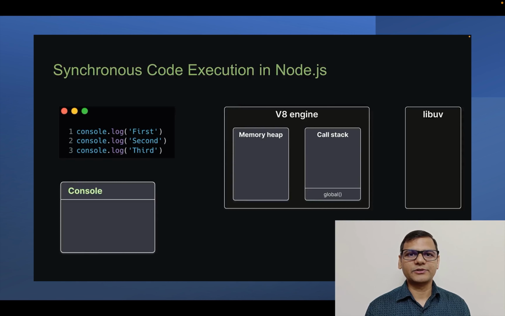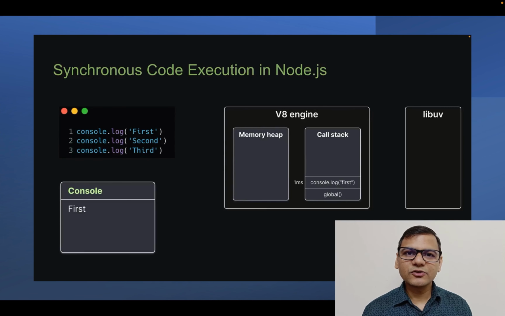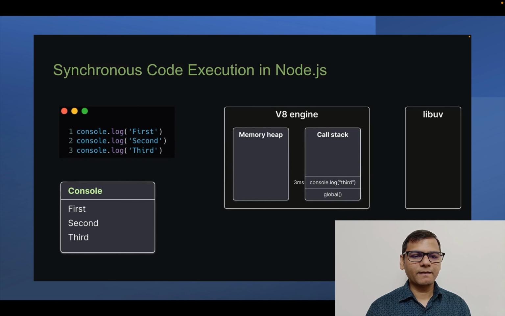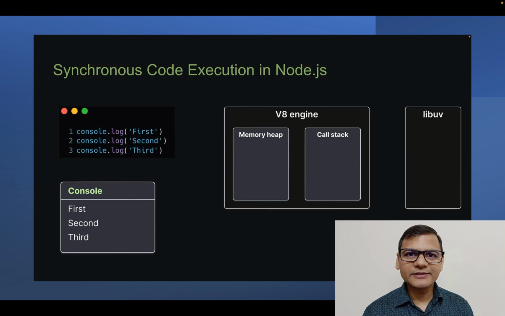If we are calling a particular function, that function will come in by its name. Since it is a synchronous task, the main thread will execute all the tasks one by one in a sequence. Here, none of the tasks get offloaded to Libuv.